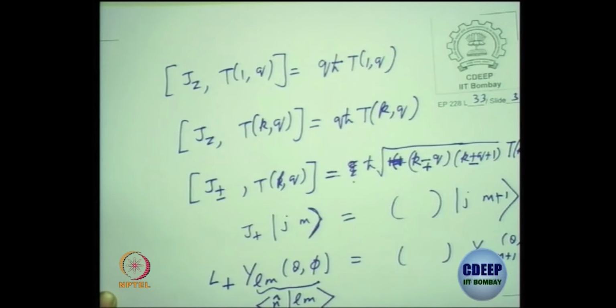Is that correct? The dipole moment will involve spherical harmonics of L equal to 1. Then the quadrupole moment will involve spherical harmonics of L equal to 2. When you do the multipole expansion, I am just trying to connect various ways in which you have seen this.